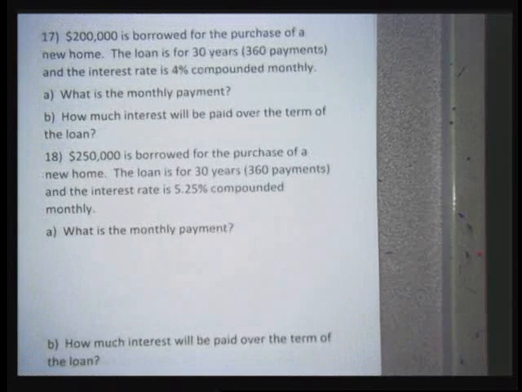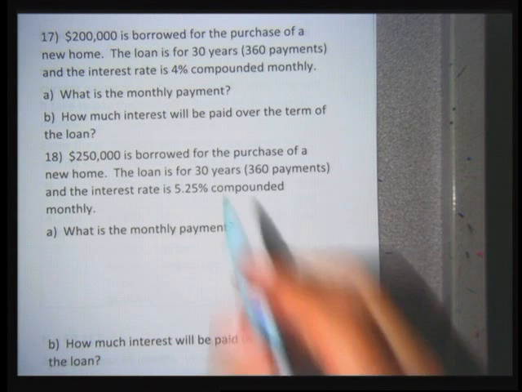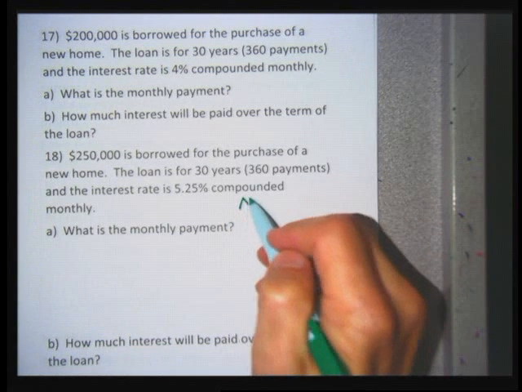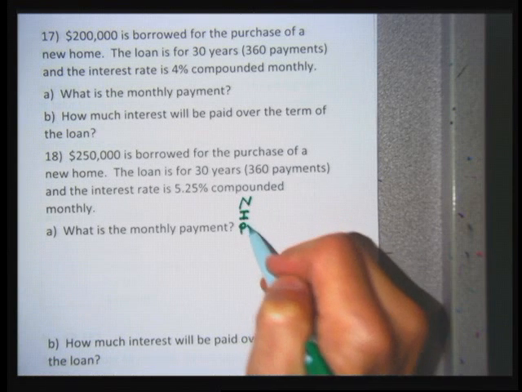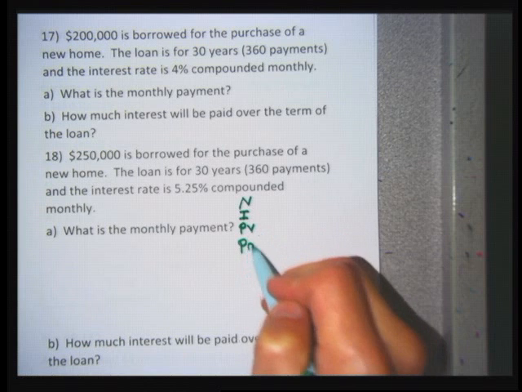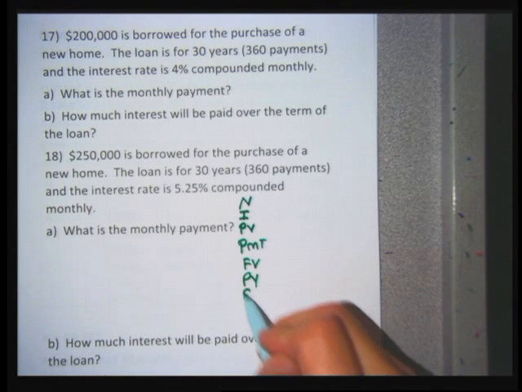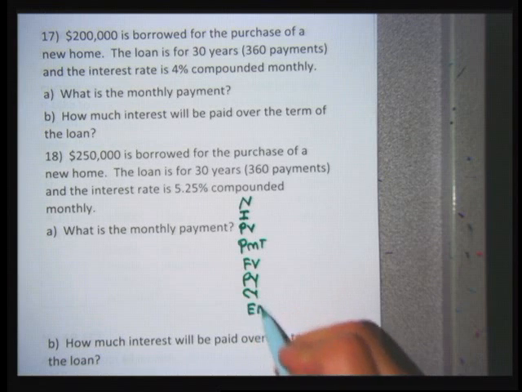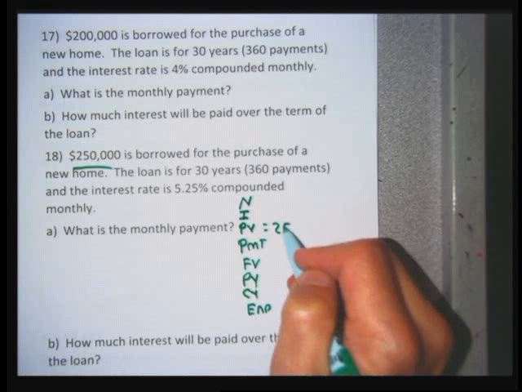They give us information of a home loan. They want us to figure out the payment and how much interest is paid. So I'll do 18. First part of 18 is figuring out a monthly payment. First number I see in 18 is the $250,000, which is the PV, which is the loan amount.